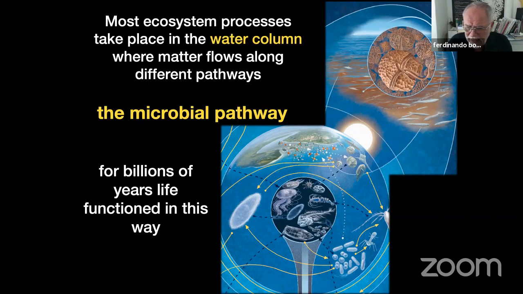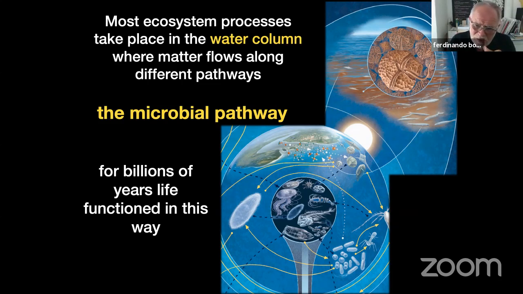The bacteria that are down on the right below the black circle decompose the dead living matter and produce nutrients. The nutrients feed the microbes that are photosynthetic. And so you see the phytoplankton with the sunlight that produces phytoplankton blooms.